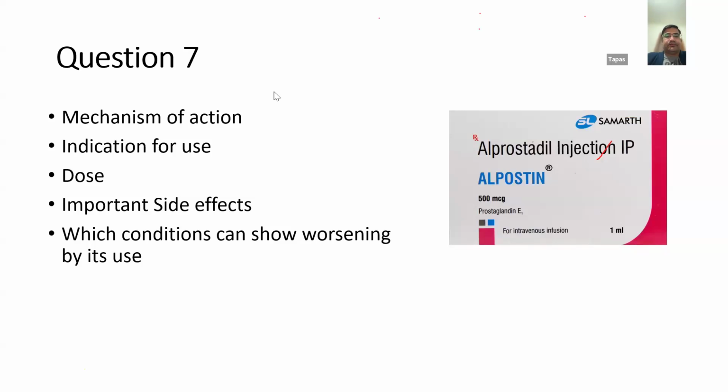Mechanism of action. Okay, so it maintains the... PGE1, indicated in babies. What are the indications of its use? Any use in babies with PPHN? When do you use this drug in babies with PPHN?